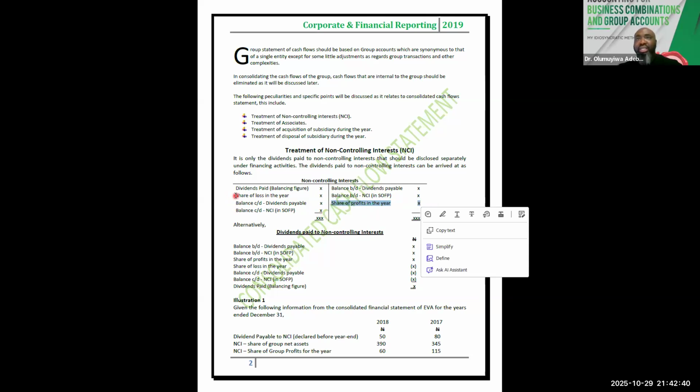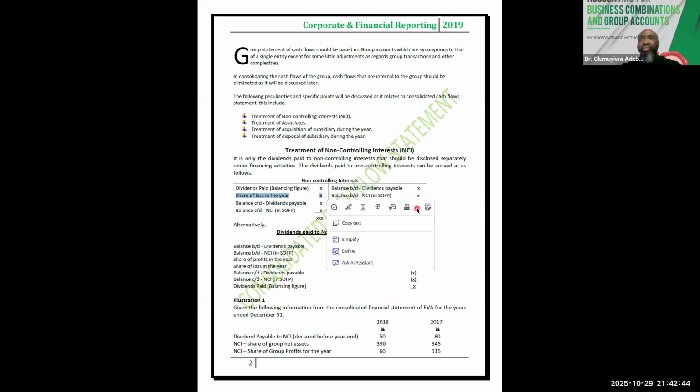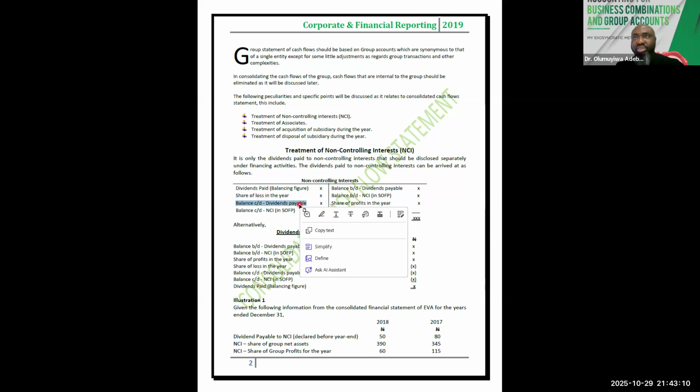It's going to be debited, which means used to reduce the equity value of the non-controlling interest. Now, at the end of the year, from our balance sheet, we know what is the balance carried forward for the equity, and also what is the balance carried forward for the dividend payable to non-controlling interest.